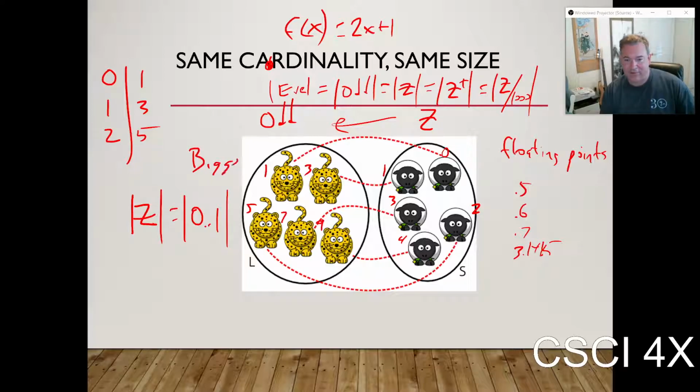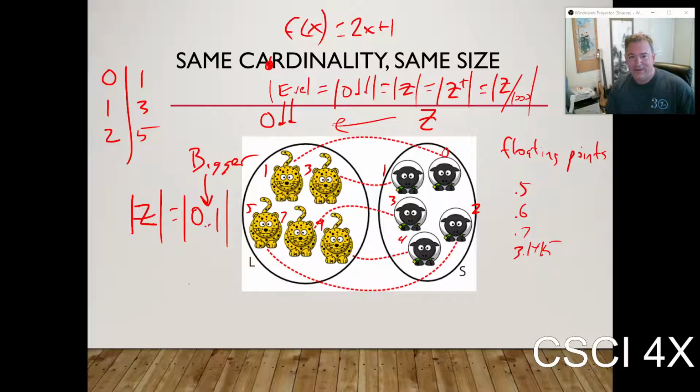Yeah, now that I've set you up to think that the infinities are the same size, this one is actually bigger. It's infinitely bigger. There are more decimal numbers between 0 and 1 than there are integers. And how? Well, try this.